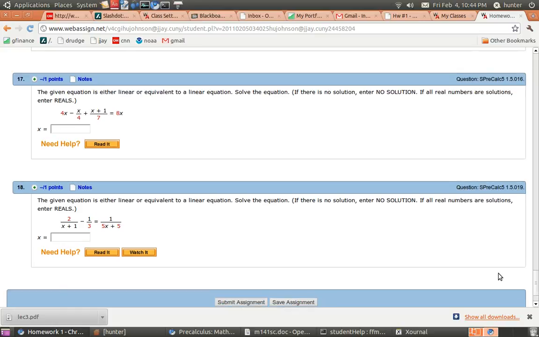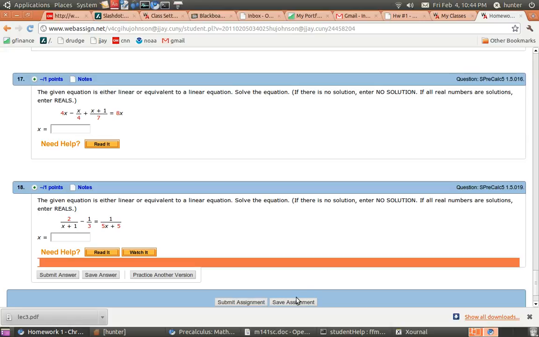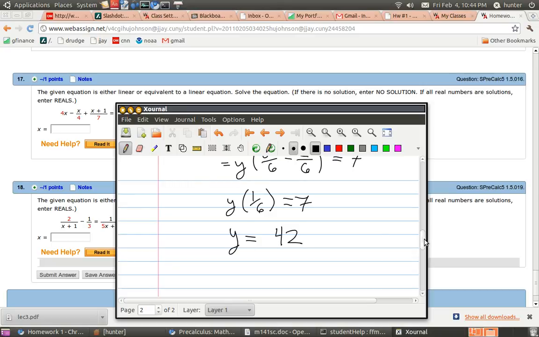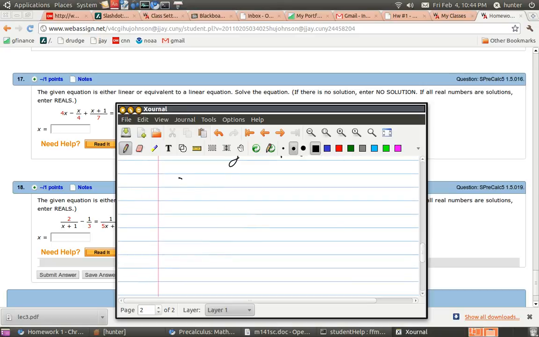Number 17. Solve another equation. This time we have to use a different algebraic trick. People forget that you can split fractions apart like this.